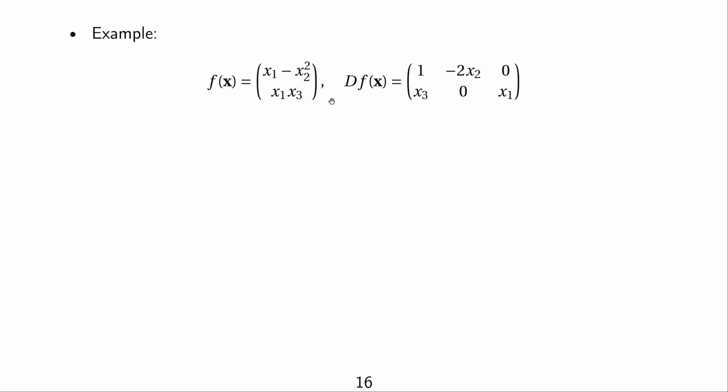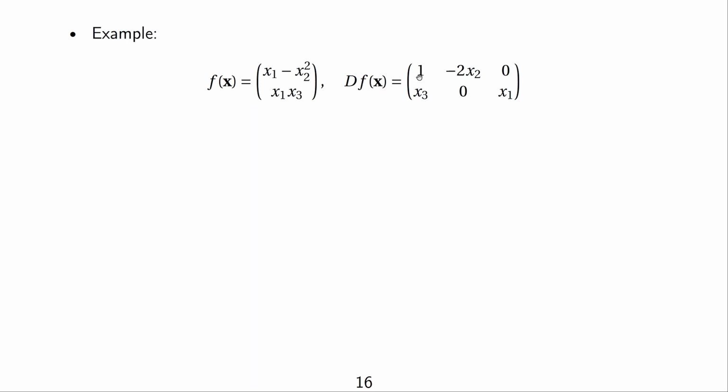Okay, just some other small exercise for shape. So we have a function that has 3 inputs, x1, x2, x3, and 2 outputs. The first output is (x1 minus x2) squared, and the second output is x1 times x3. Then the derivative is a matrix that has, again, as many columns as we have inputs and as many rows as we have outputs.